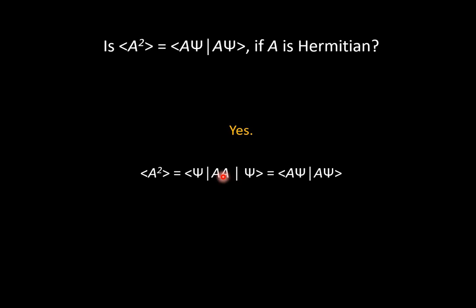Now if A is Hermitian, then as I have suggested, you can take the thumb rule that the operator comes from the middle to the left. So you get ⟨Aψ|Aψ⟩, which is given in the question.